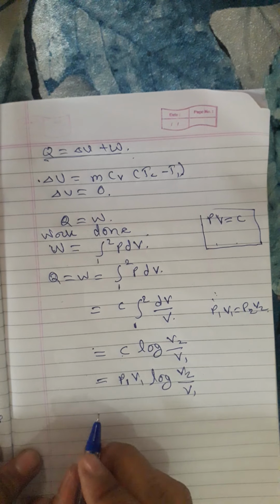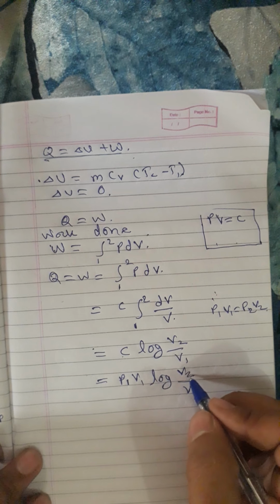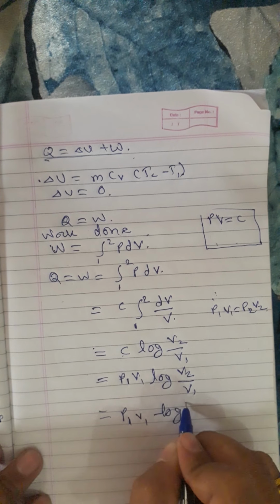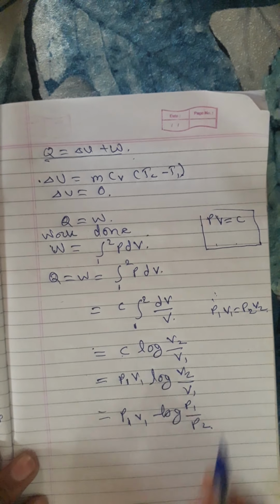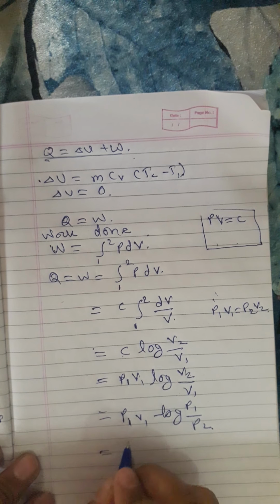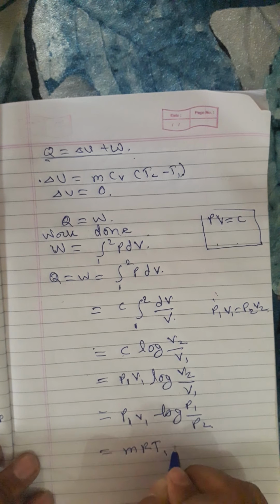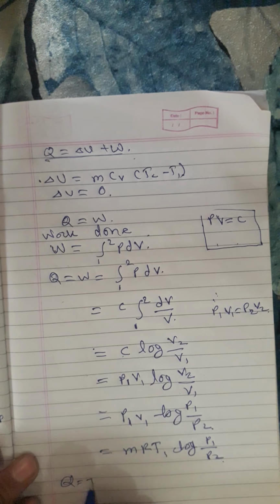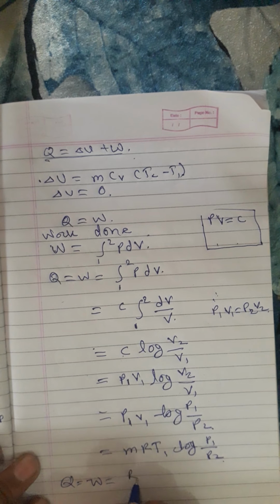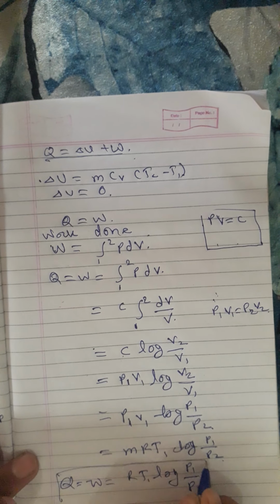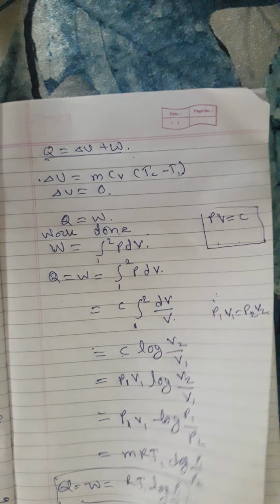We can also rewrite this as P1V1 log of P1 by P2, so P1V1 is mRT1 log of P1 by P2. So Q is equal to W is equal to mRT1 log of P1 by P2. This is about Q and W in the isothermal process.